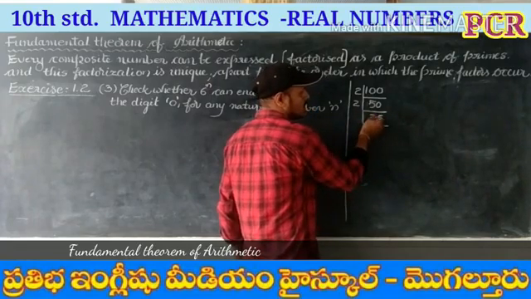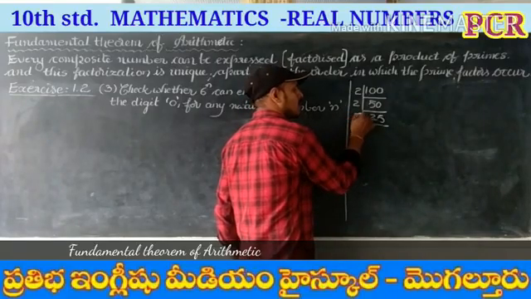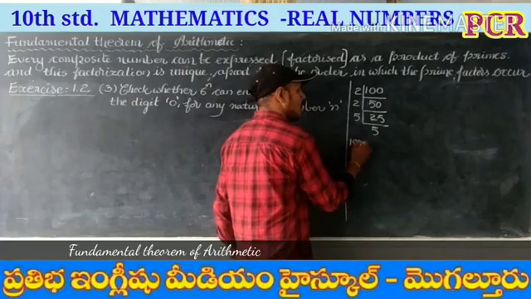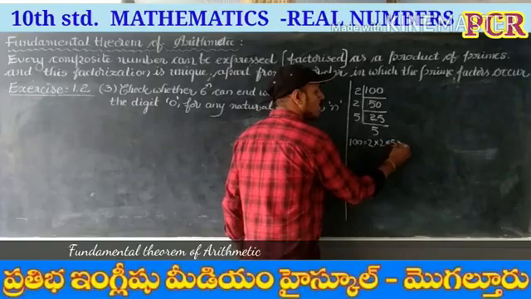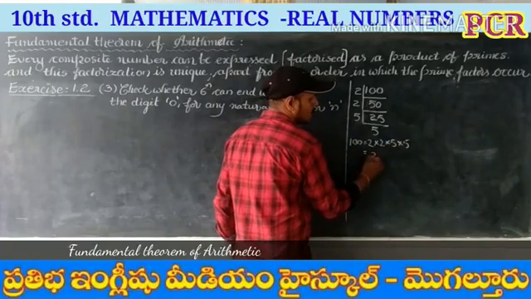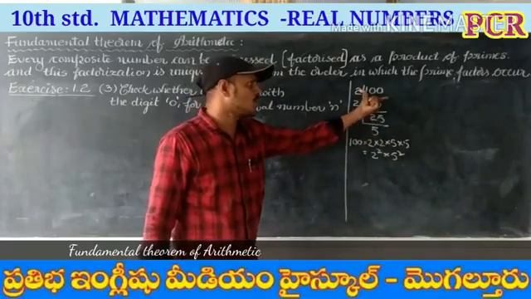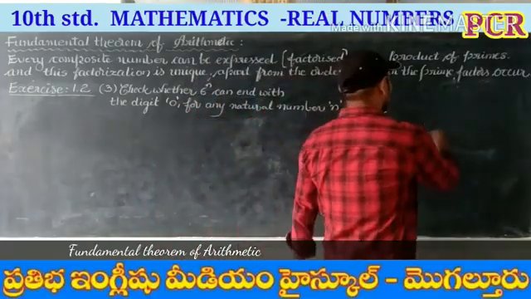Again this number is not divisible by 2 and 3. That's why the next prime number 5. 5 how many times? 5 times. So 100 is equal to 2 into 2 into 5 into 5. That means 2 square into 5 square. So this is the prime factorization of 100.